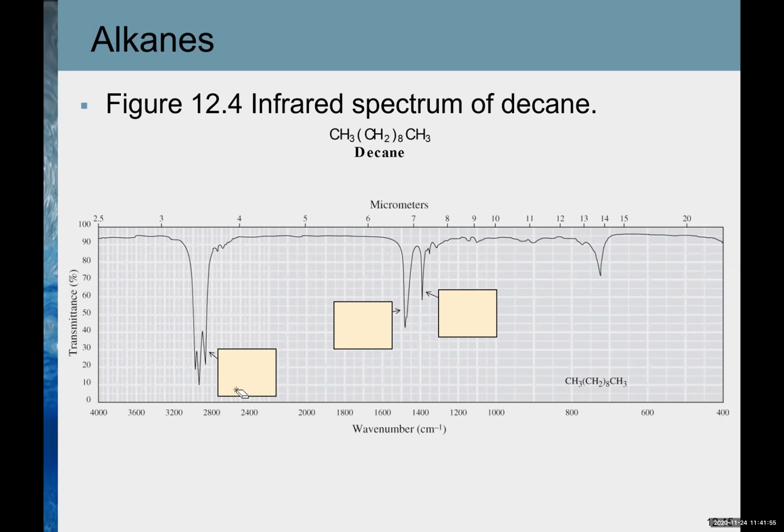We discussed this just a few minutes ago. Can you tell me which bond this peak represents, according to Hooke's law? At around 2800 or 3000. The CH. This is CH, yes.